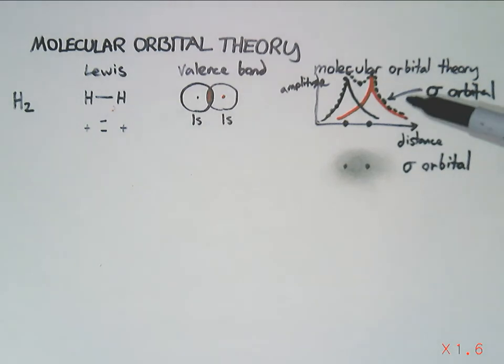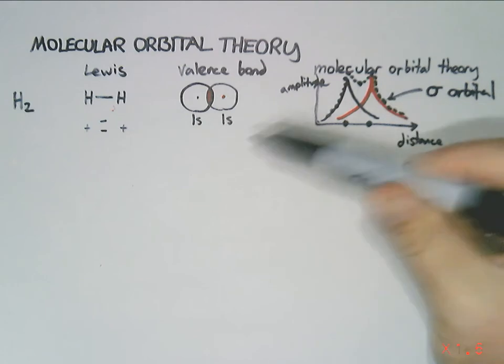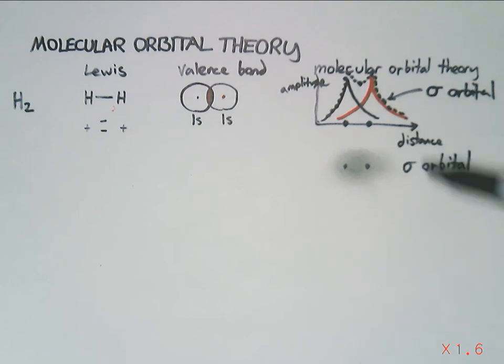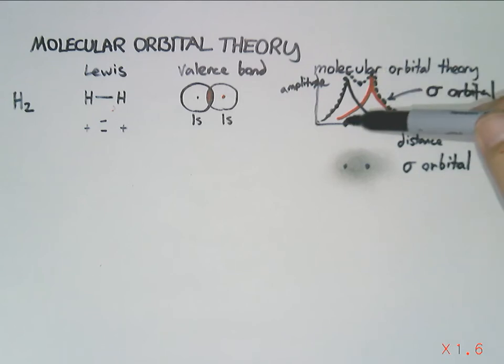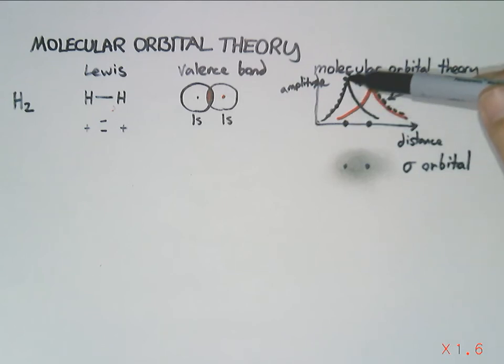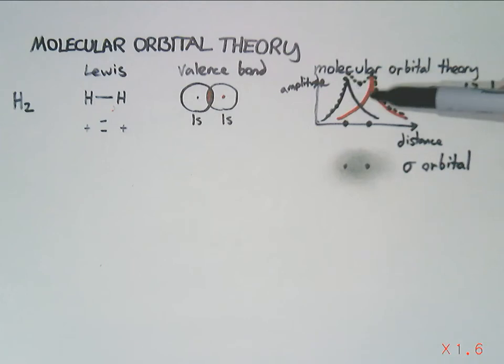Now, the interesting thing, one of the most useful things about molecular orbital theory compared to the other two, is that we can work out what the excited state looks like. It is arbitrary whether or not the amplitude of a 1s orbital is positive or negative. In other words, one of these 2 spikes could have been pointing down.